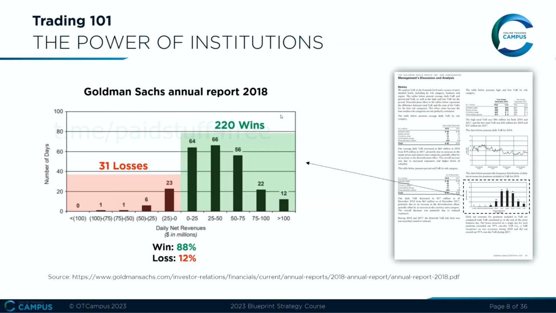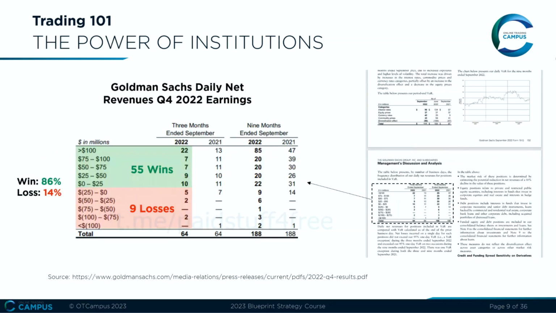Now that was 2018, and you may say, well, Jan, you know, okay, they had a good year in 2018, right? Who cares? I actually looked at their Q4 results of 2022. So this would be the latest results. And what you find are very similar KPIs.